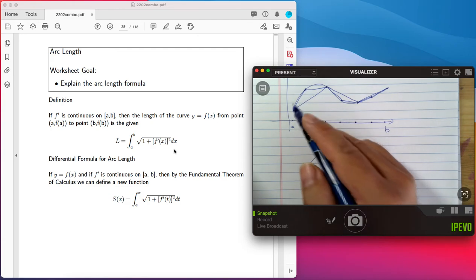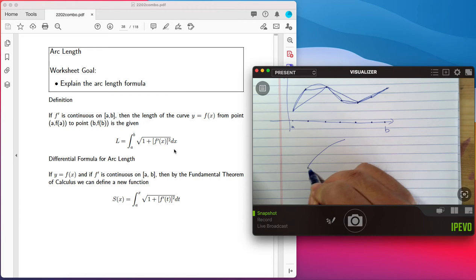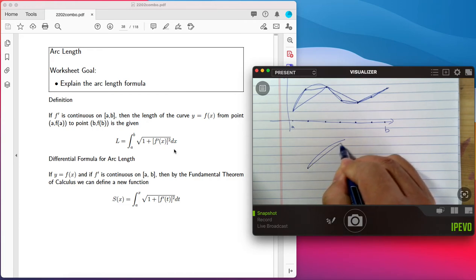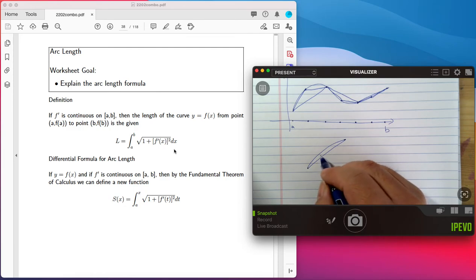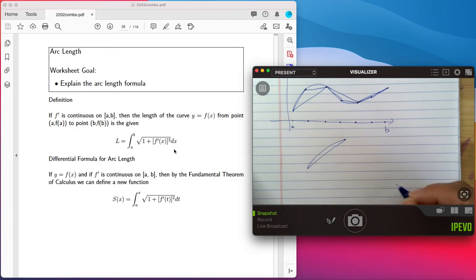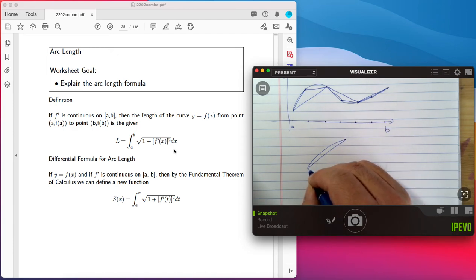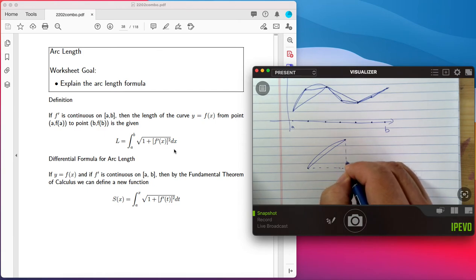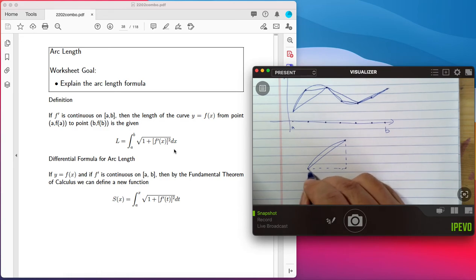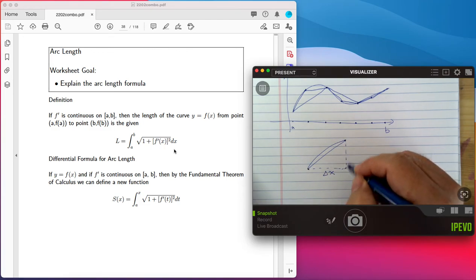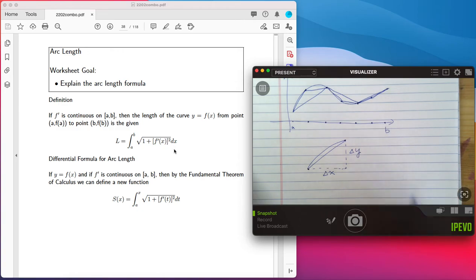I am using this straight line to denote one approximation for the real curve here. If I denote the difference in the x coordinate from this point to this point as delta x, and denote this part as delta y.